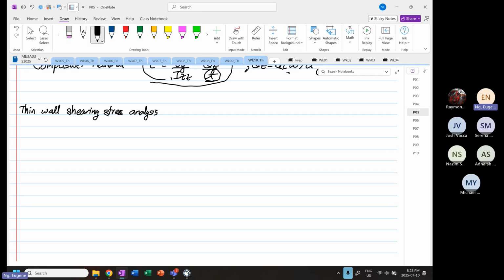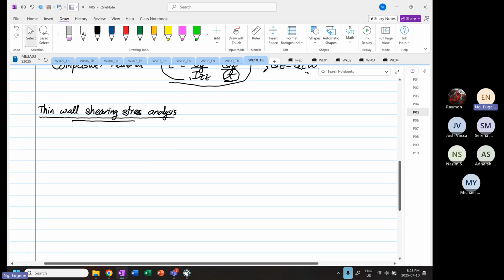Now this is again shearing stress due to shear force. The formula is really straightforward. I repeat again, the formula is really, really easy. So what formula are we going to use now?